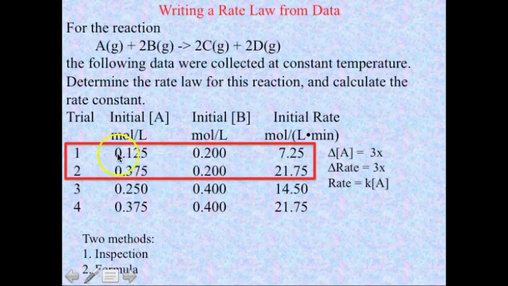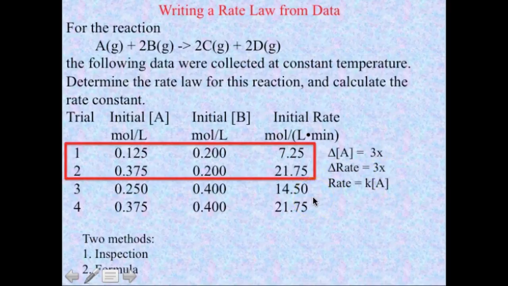So between trials 1 and 2, B is being held constant, A is tripling, and we notice that the rate triples. So right away that tells us that the rate is equal to a rate constant times the concentration of A to the first power. In other words, A doubles, the rate doubles. A triples, the rate triples. It's a first power relationship.